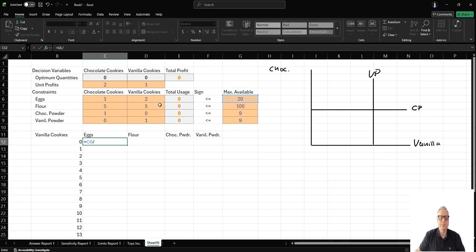So now the intercept: we look at the intercept, and we have to take the maximum available and divide it by the chocolate cookie coefficient in this case. So that will start at 20, so we have to F4 that one.